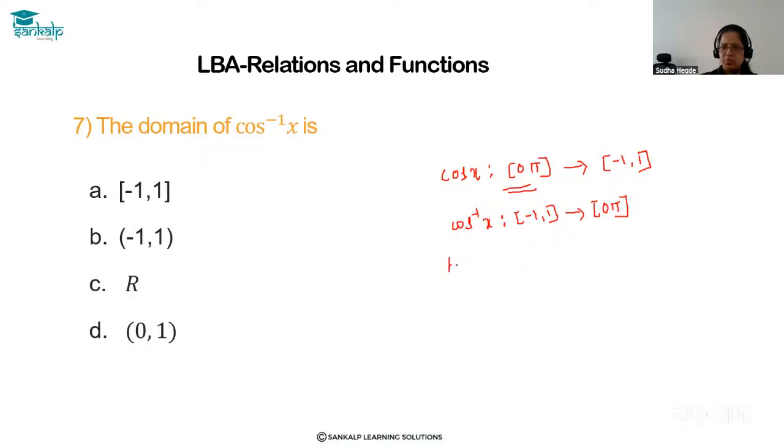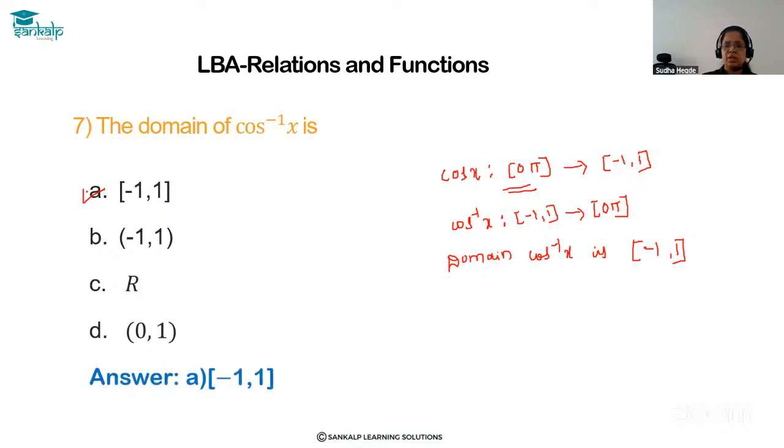Therefore, the domain of cos inverse x is closed interval -1 to 1. So option A is the correct answer. Got it right? Thank you.